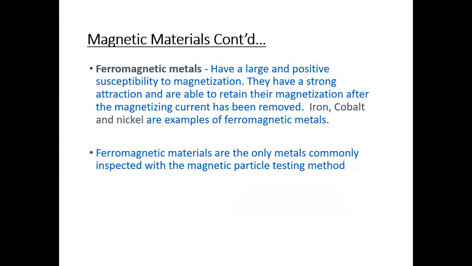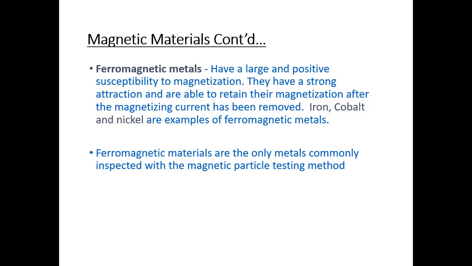Diamagnetic materials means even if you try to magnetize that diamagnetic material, it will repel. It will never accept a magnetic field. That will oppose. Then paramagnetic, it will attract, it will get a little bit of magnetic field, a small attraction to lines of force. And ferromagnetic material has a strong attraction to lines of force.